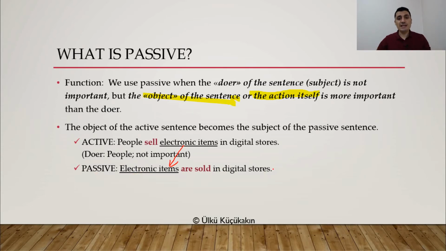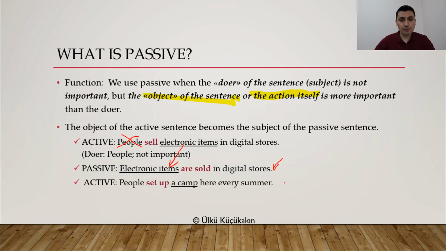So this sentence answers the question of where are electronic items sold? Electronic items are sold in digital stores, not somewhere else, okay? So mostly they are sold in digital stores. If you look at this passive sentence carefully, everyone, you will see that people is not used here. You see? So if the subject is not important at all, then you just get rid of it, right?